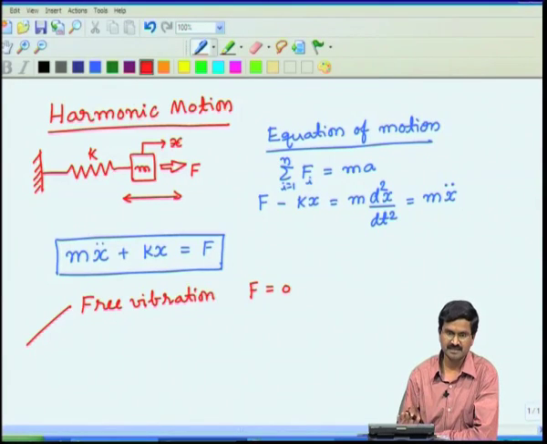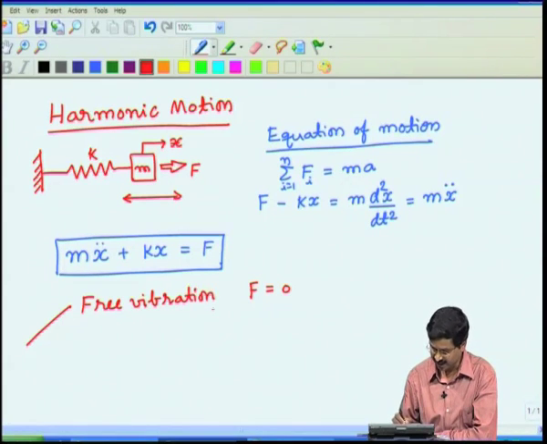If you leave the spring and mass just like that, it is not going to move, but if you displace the mass a little bit and leave it with no force, it will oscillate or vibrate. In the absence of external force, whatever vibration we get is called free vibration.